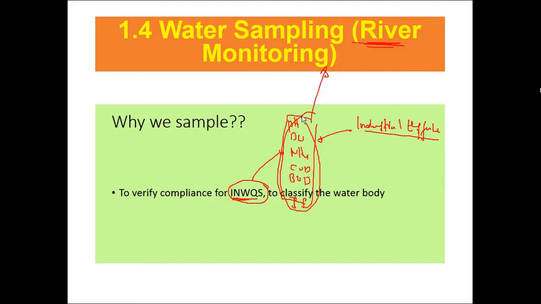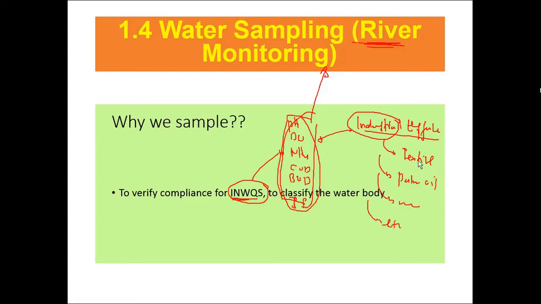But let's say you have the task for the industrial effluent. The important thing is you need to know the type of industrial effluent you want to measure. Let's say textile, or palm oil, or machinery, and so on.